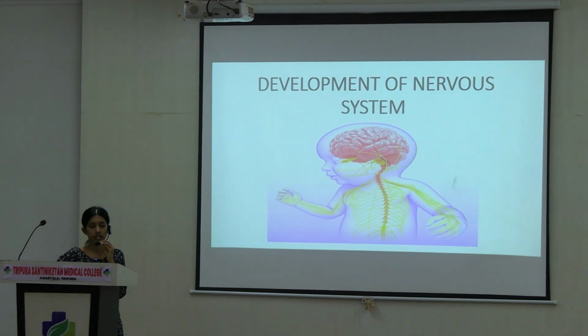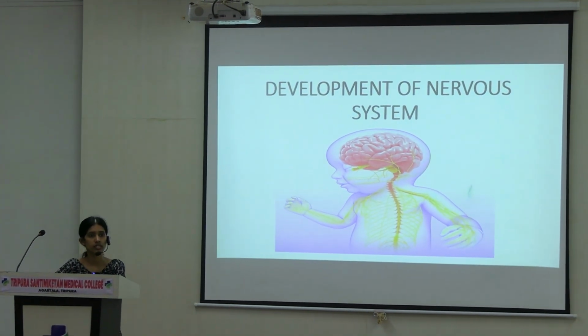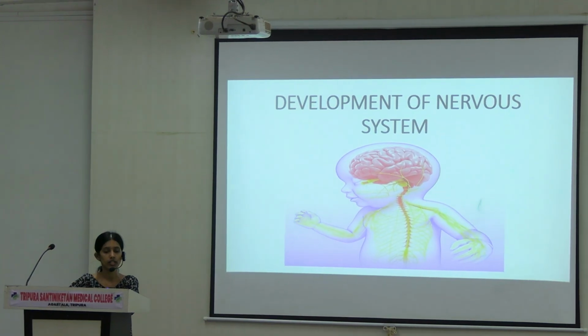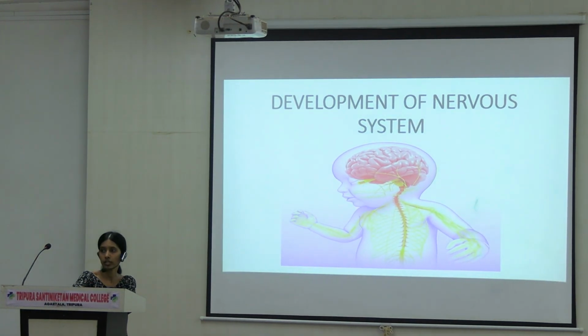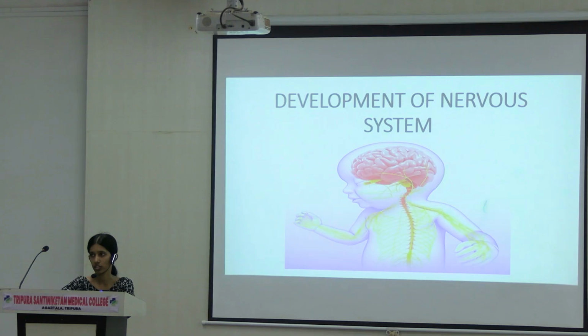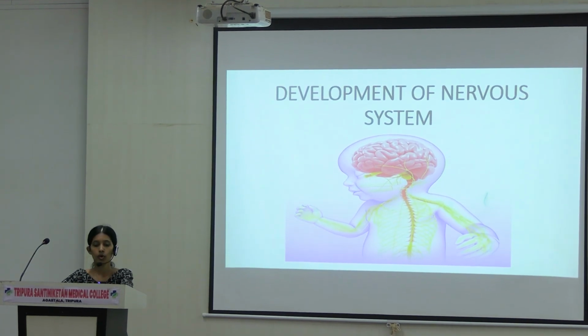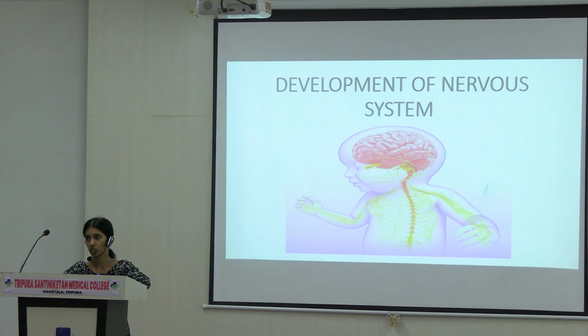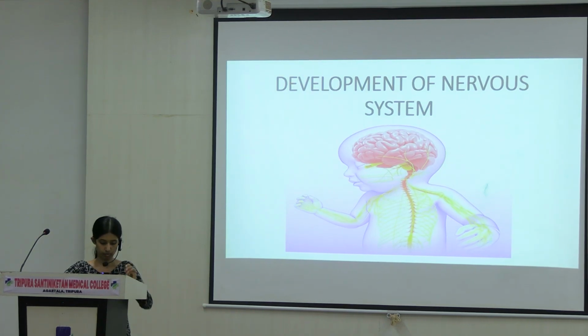Everyone, in this session we will start with the discussion of development of your nervous system. I hope the gross part is already finished in the general anatomy. So what are all the important structures you see in the nervous system?